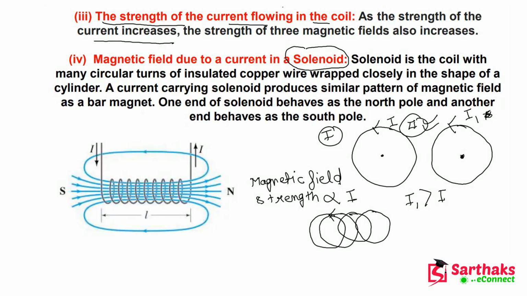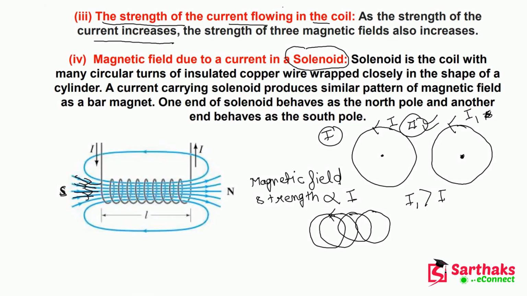We know that in a single turn, if the current is clockwise, then that side of the circular loop acts as south. So here you can see that the magnetic field lines are entering this solenoid, so this side will act as the south pole.